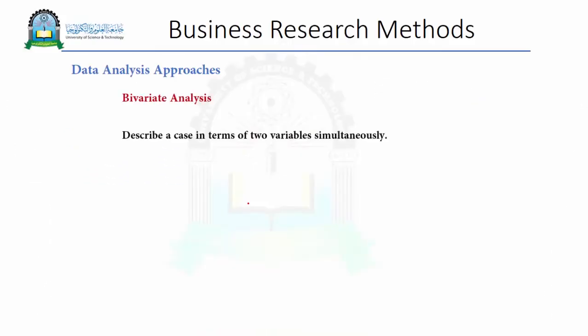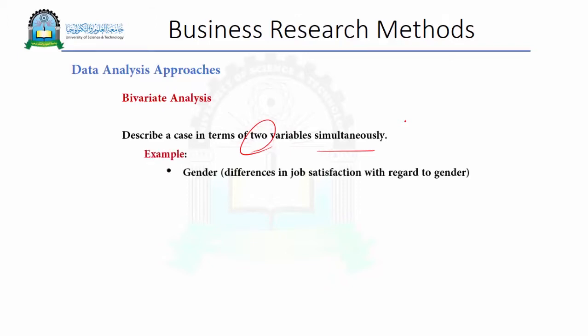The bivariate analysis, as we have just talked about, describes a case in terms of two variables simultaneously. So the relationship between two variables is one of the bivariate analyses, using, for example, correlation or simple regression. For example, gender differences in job satisfaction. The statistically significant differences between groups regarding one variable are also bivariate.